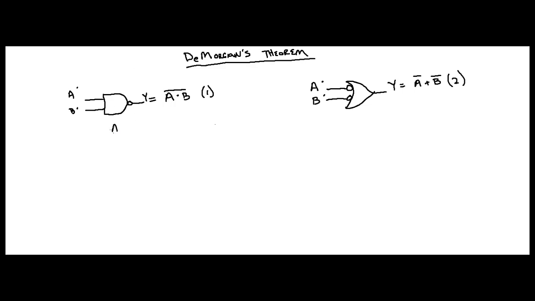So we have an AND gate here, and we have an OR gate here, all right? Now, then you look at the inputs. Here, A and B are not inverted. In this case, I'm going to say not inverted. And over here, they're inverted, aren't they?